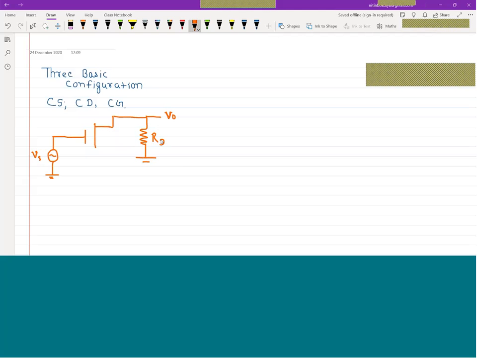This is your drain RD, or you can take RL, and we have a source resistance connected to ground. So in this arrangement you have the input at the gate terminal and the output at the drain terminal. This is common source, as we just saw.